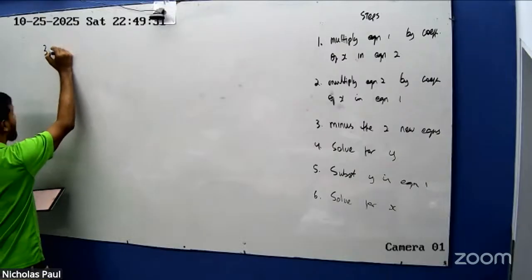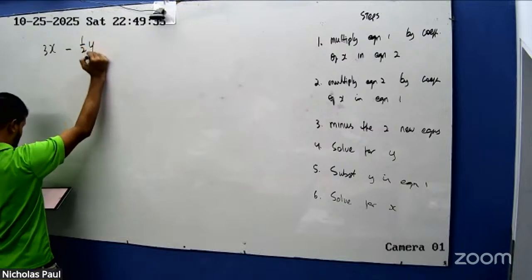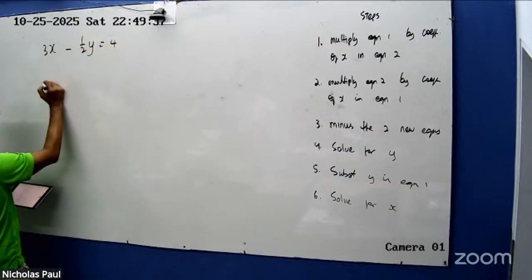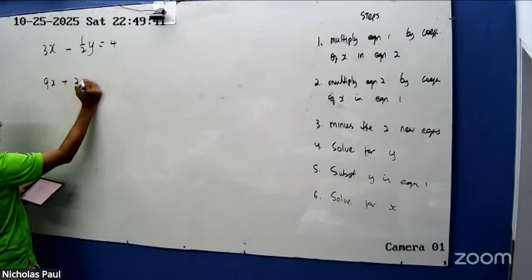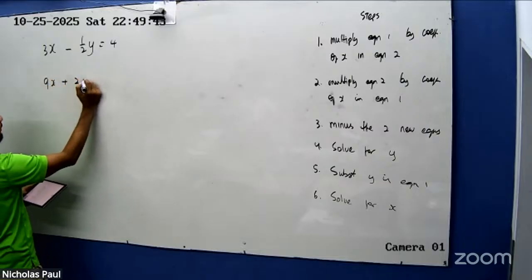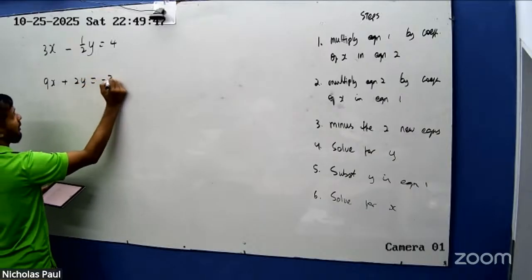So how old are you? 19. Right? I'm not too sure if you will get a whole number here, but.